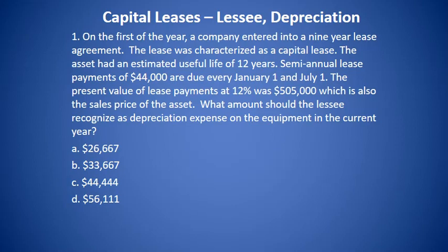The present value of lease payments at 12% was $505,000, which is also the sales price of the asset. What amount should the lessee recognize as depreciation expense on the equipment in the current year? Again, review the question, stop your video, and when you're ready to review the answer, start your video again.